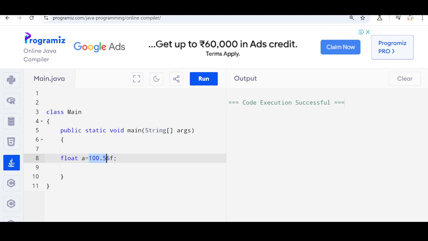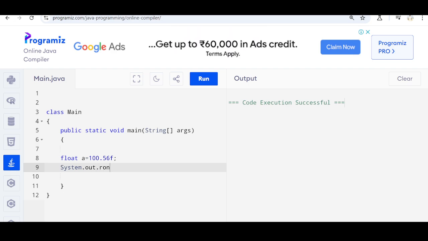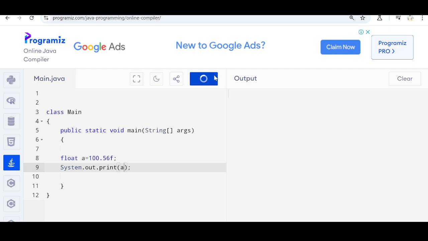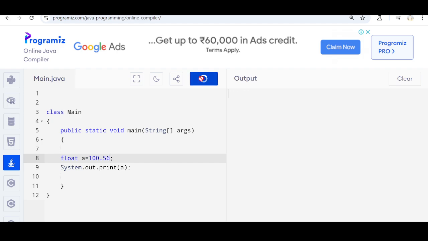So this is very much mandatory, right? Then you can get access to the data type. Println. If you are not suffixing the floating point literal with the f, definitely you are going to get an error.